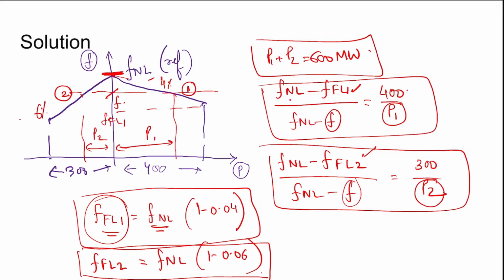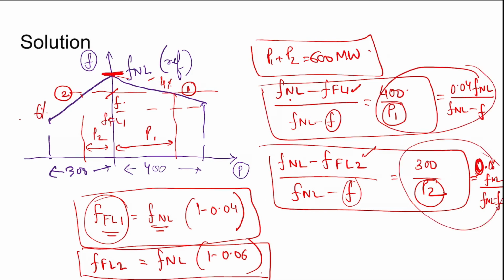FNL minus FFL1 will give me 0.04 FNL divided by FNL minus F, and this will give me 0.06 FNL divided by FNL minus F.